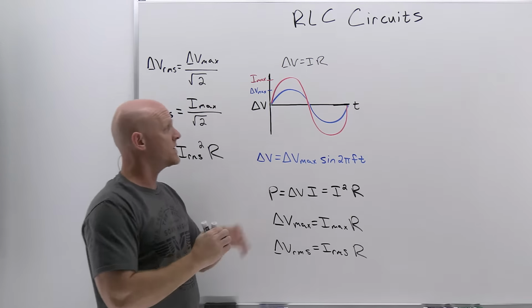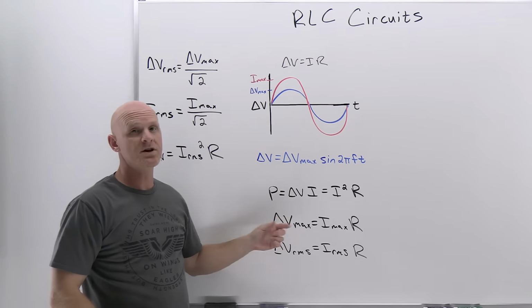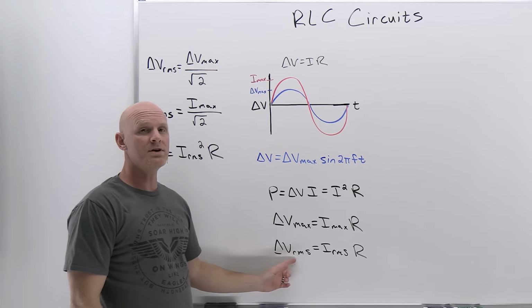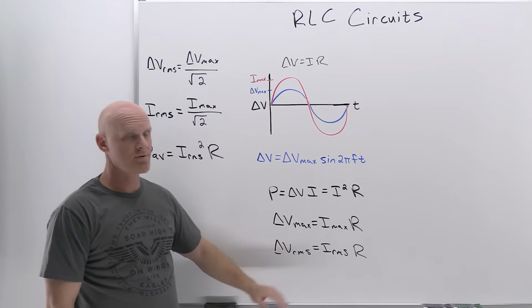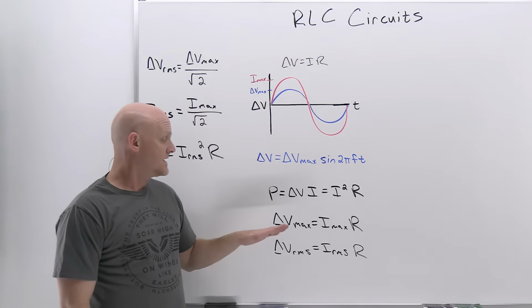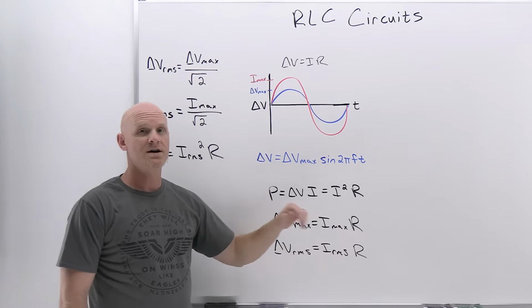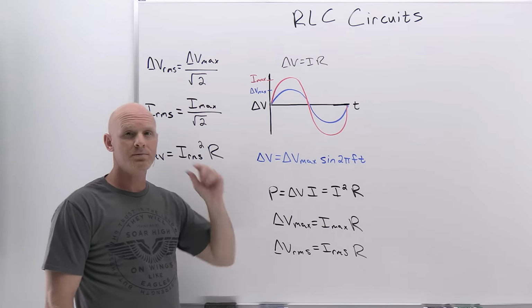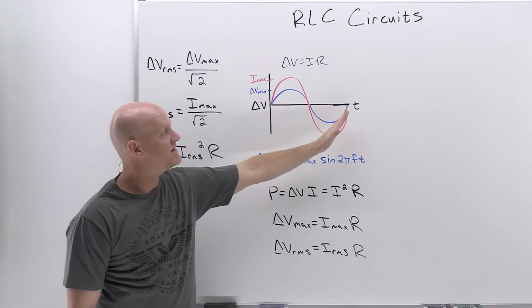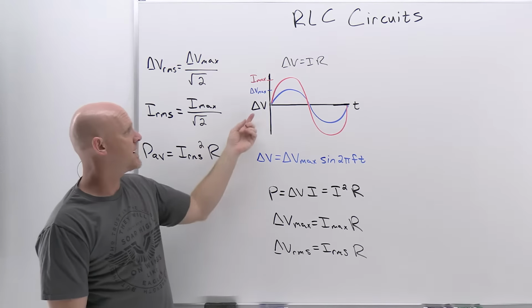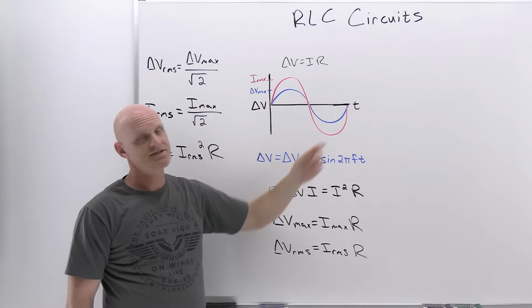And so again, it's true at any point in time, including the maximums, but it's also true of the overall root mean square, and we can set up Ohm's law in accordance. But again, the key thing to keep in mind, whether you're using the maximum or any other point in time or the RMS, is that delta V and I are directly proportional and are exactly in phase on this lovely plot of the potential difference or voltage versus time.